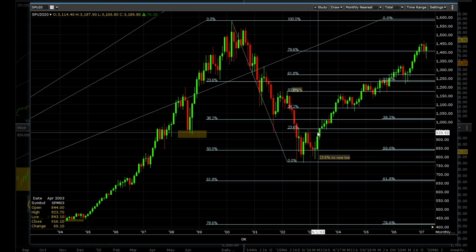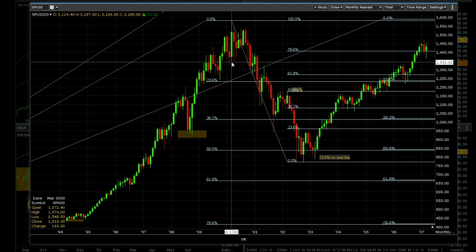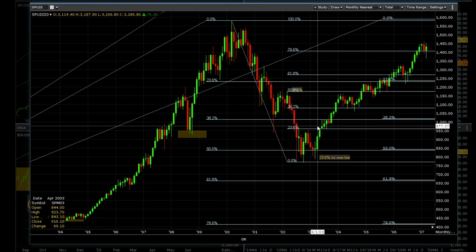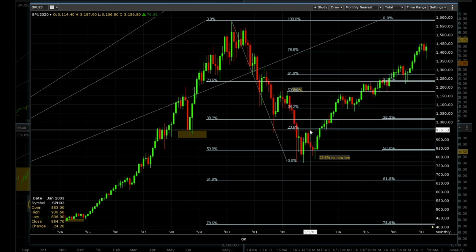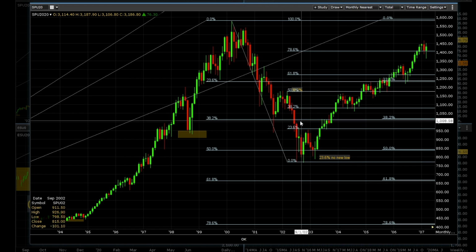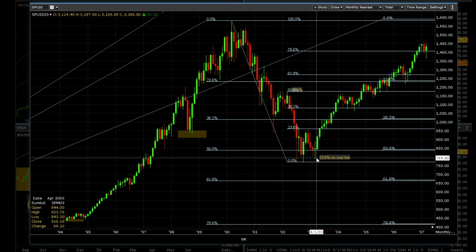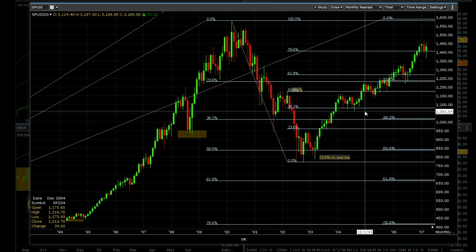Okay, this is another thing. Just as you saw the 38%, no new high, change in trend. Again, the same thing can be used with 23%, and that was, it hit it exactly, failed to make the new low, and the trend changes.